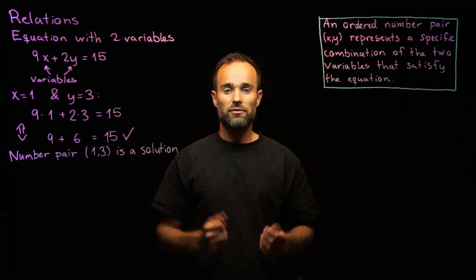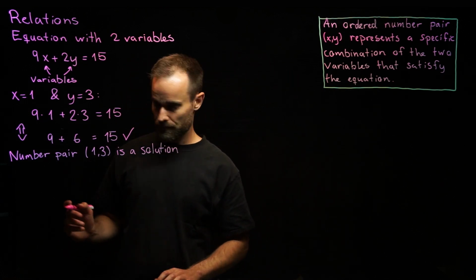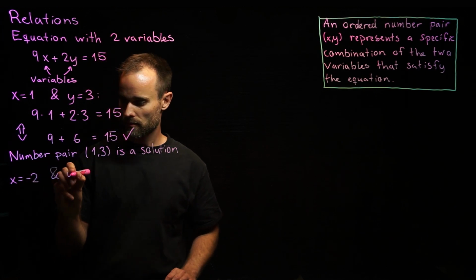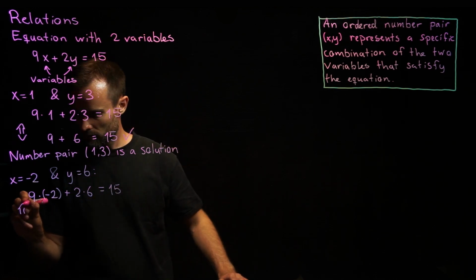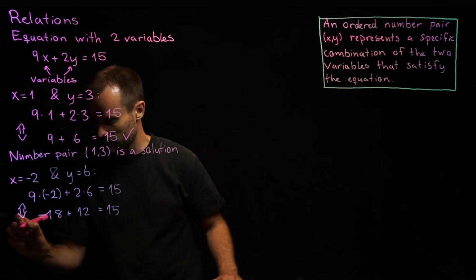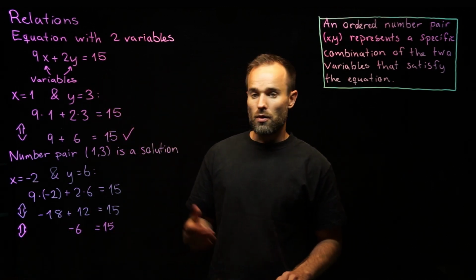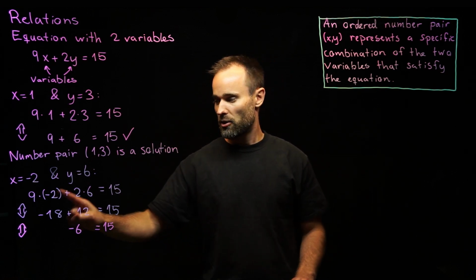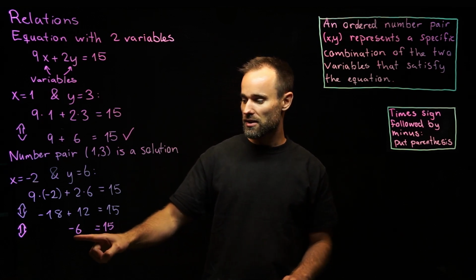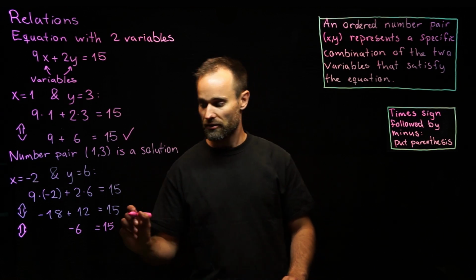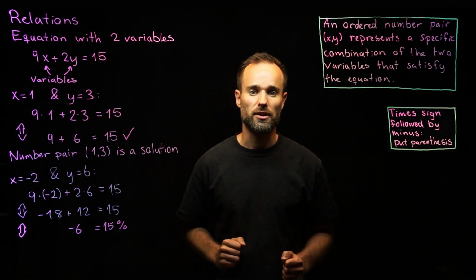The number pair (-2, 6), however, isn't a solution. Writing this calculation, remember the parentheses around -2. This equation says that -6 equals 15, which is false, and the number pair (-2, 6) is not a solution.